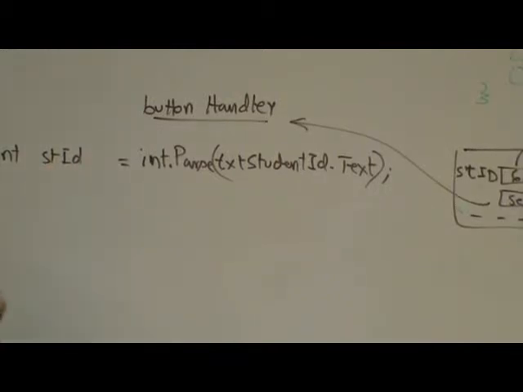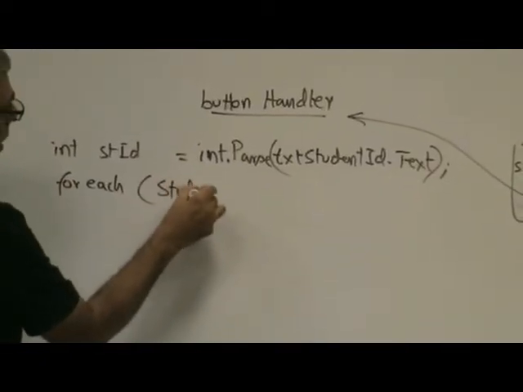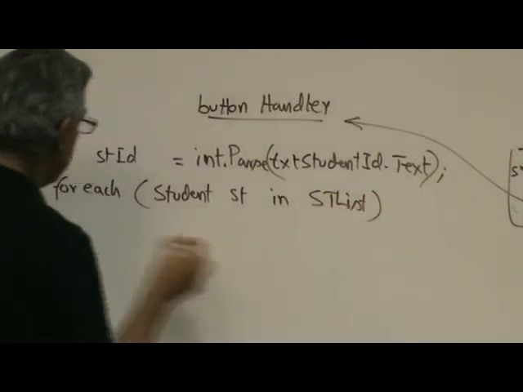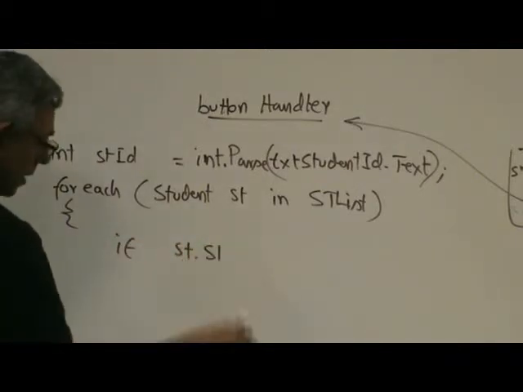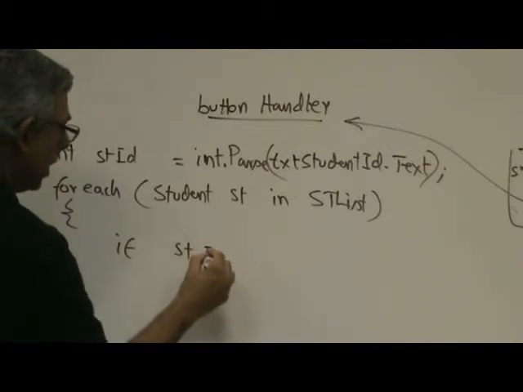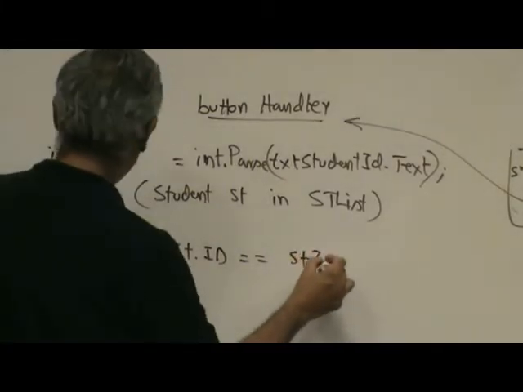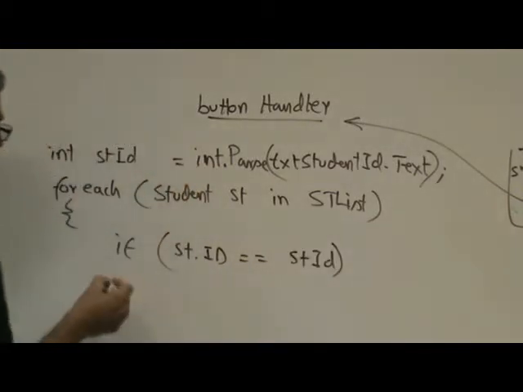Okay, so then what will we do? We have 5,000 students in this stList, so we'll have to write a loop. We will say foreach Student st in stList, and then if st.ID equals stID, that's what we read from the text box, right?